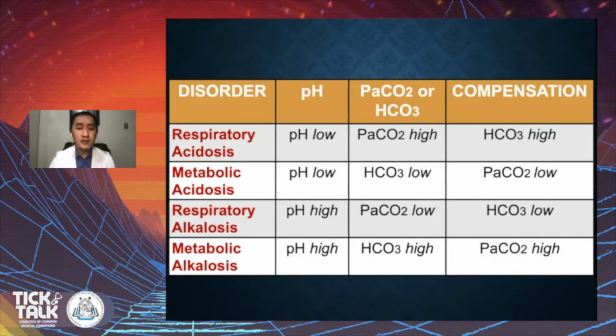For respiratory alkalosis, the pH is high due to low arterial CO2, so the bicarbonate will tend to decrease as a compensatory mechanism. And for metabolic alkalosis, the pH is high due to elevated bicarbonate, and as a compensatory mechanism, the arterial CO2 level will be high.